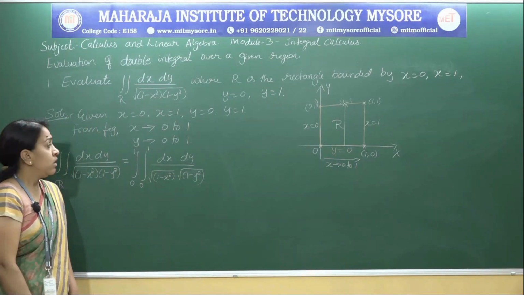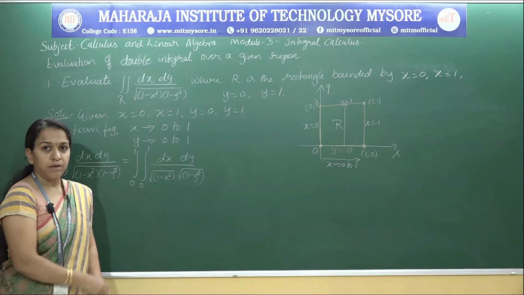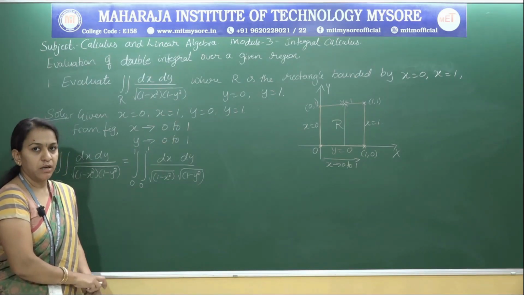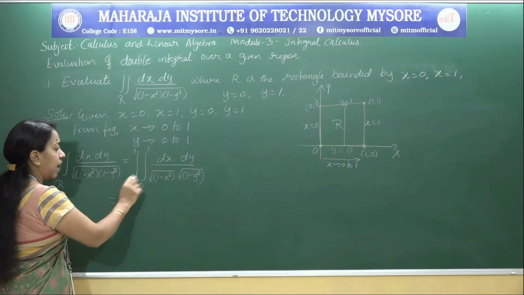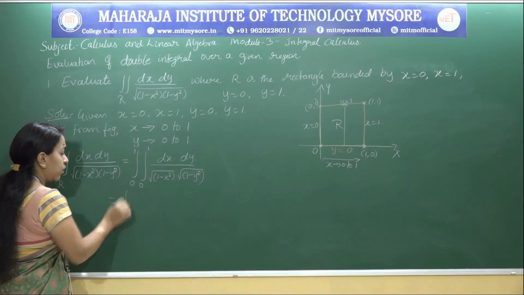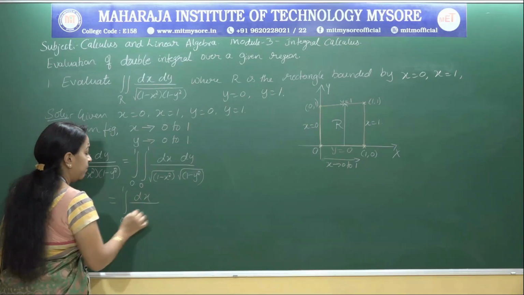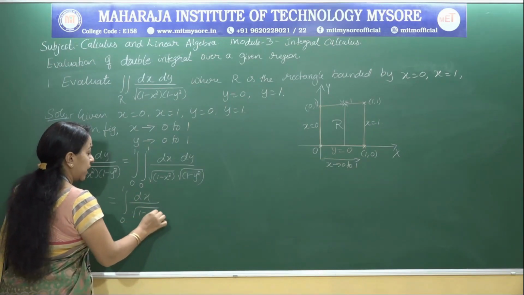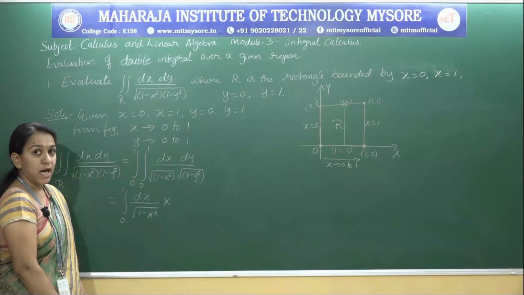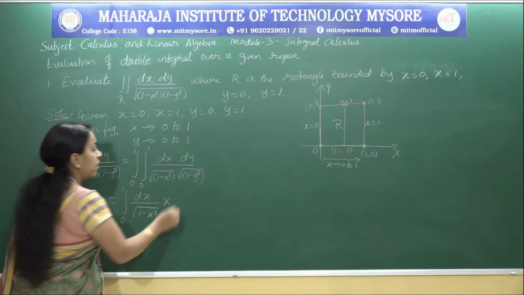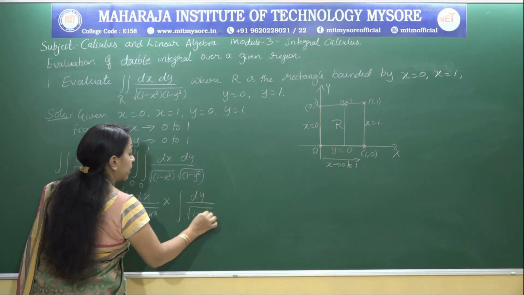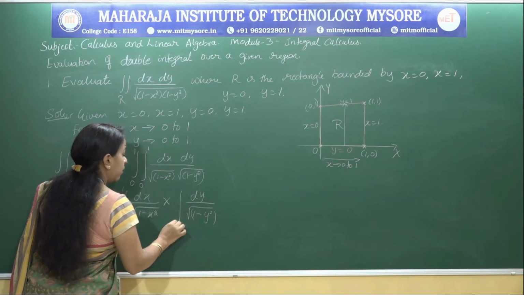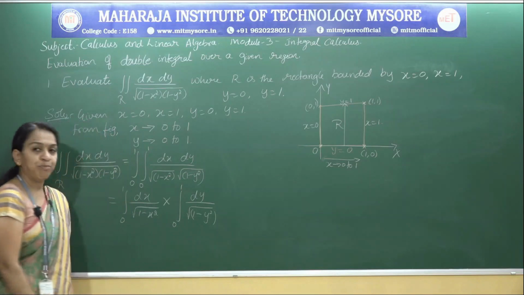I separate that. Since both are constant limits, I can split the double integral as we solved in the previous session, double and triple integral. I can separate this integral 0 to 1 dx by root of 1 minus x square into, since I have a multiple of variables, right, into integral dy by root of 1 minus y square, y varies from 0 to 1.